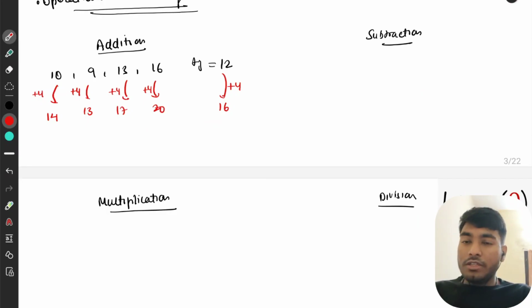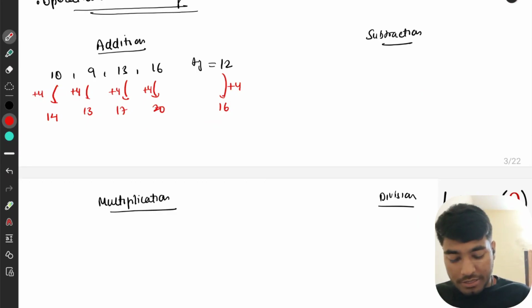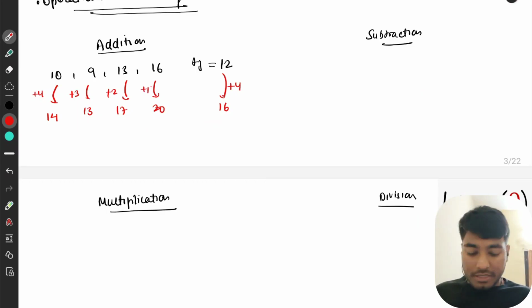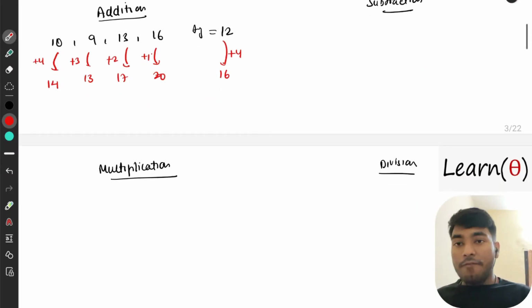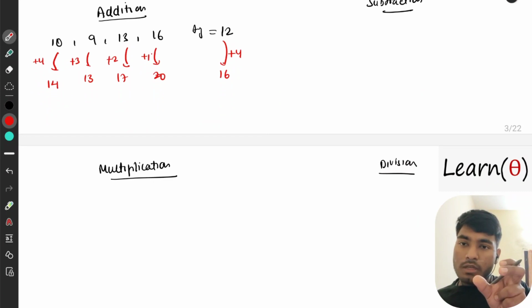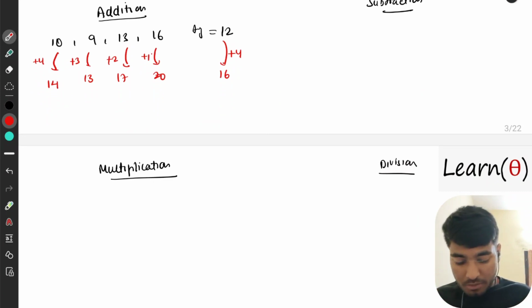Okay, what if it is increased by different numbers? Let us say it is increased by 4, it is increased by 3, it is increased by 2, it is increased by 1. In that case, find the average of the increased numbers. What does that mean? You can do 4 plus 3 plus 2 plus 1 upon how many numbers are given? 4 numbers are given.